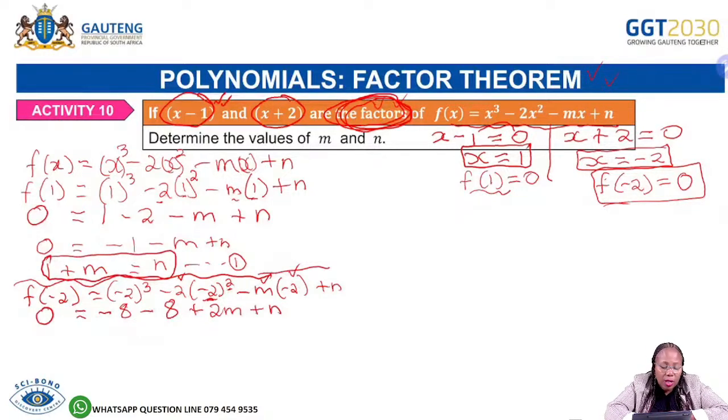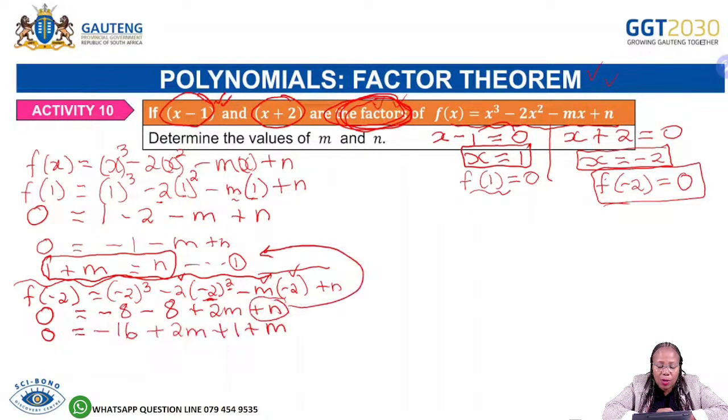Okay, so now we are going to say 0, minus 8 minus 8, minus 16, and then plus 2m. What is n now? N is 1 plus m from the previous equation 1. So can you see now we end up with only one unknown? We are now automatically solving for these two equations simultaneously.